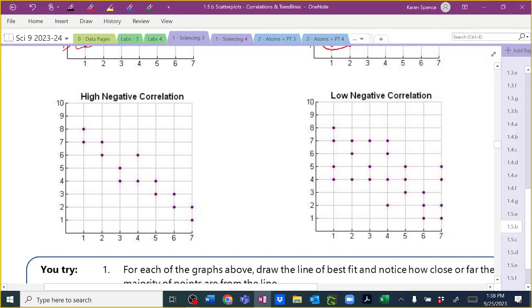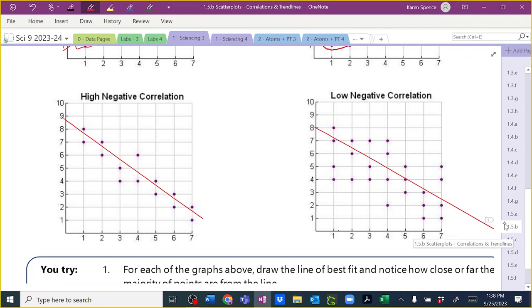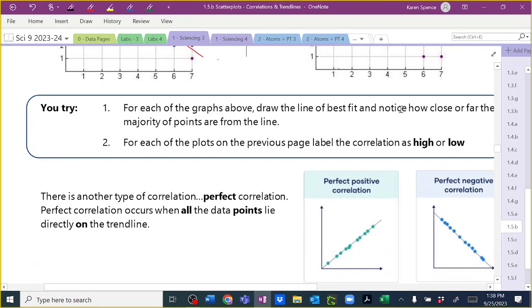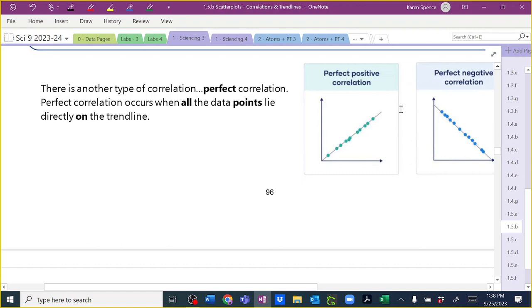Hopefully your lines look something like these. There's another type of correlation. Every single point falls exactly on the line. What kind of correlation do we have then? Perfect correlation.